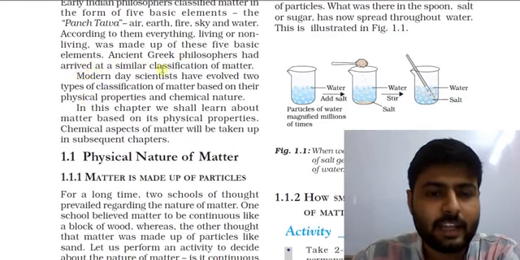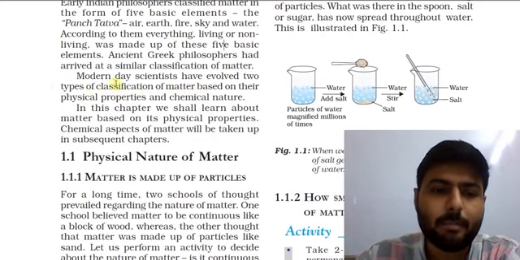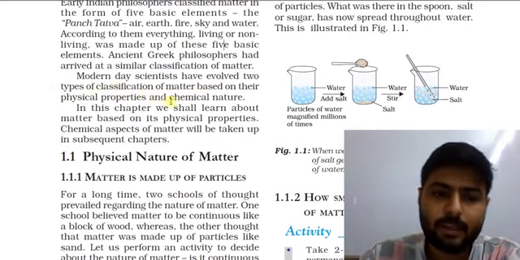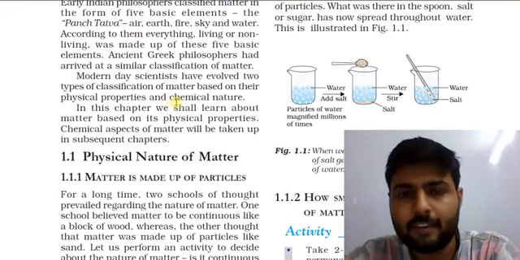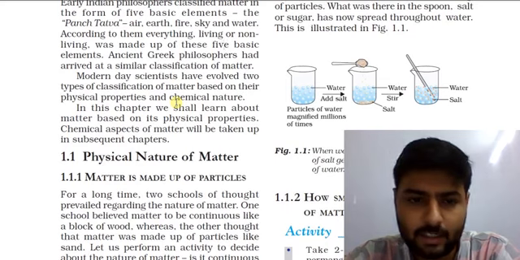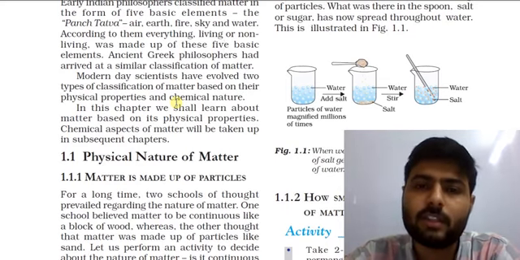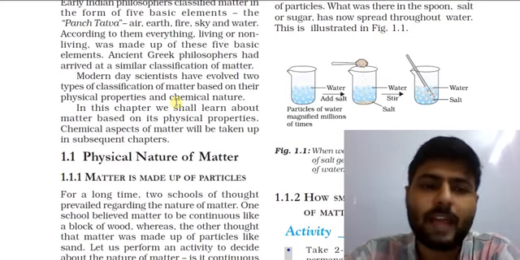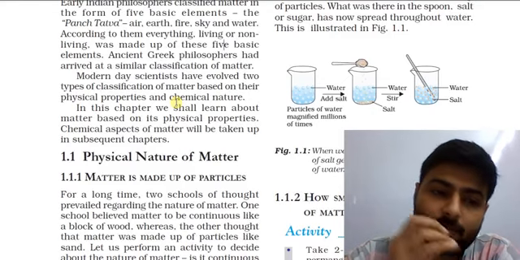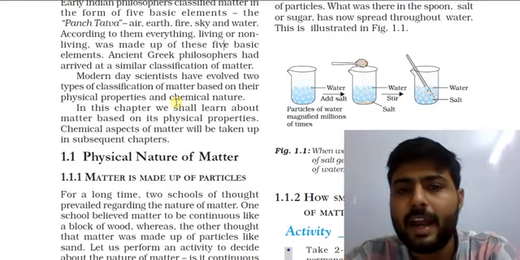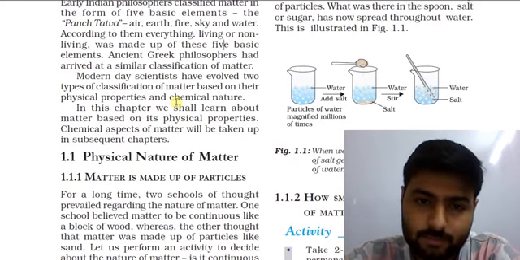Modern day scientists have evolved 2 types of classification of matter based on their physical properties and chemical properties. With modern research in science, we have evolved basic 2 types of classification of matter based on their physical property and their chemical nature.